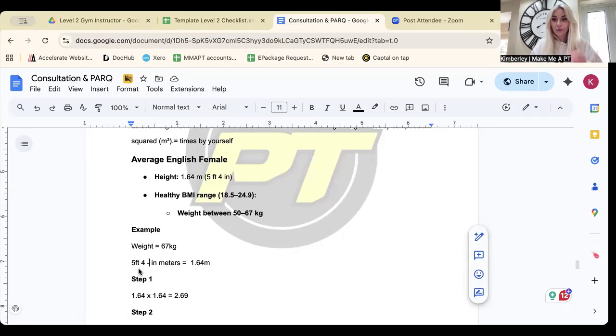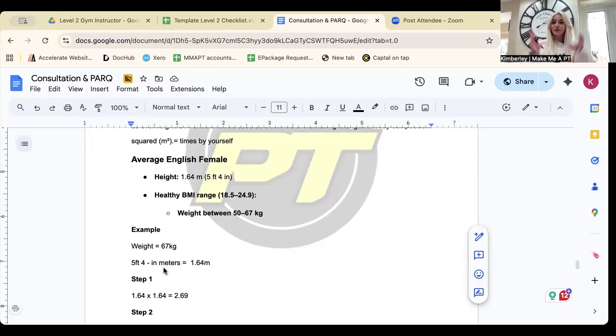5'4", we need to figure out what that is in meters. Whatever height your client is, you need to figure out what their height is in meters. For example, 5'4" in meters is 1.64 meters.